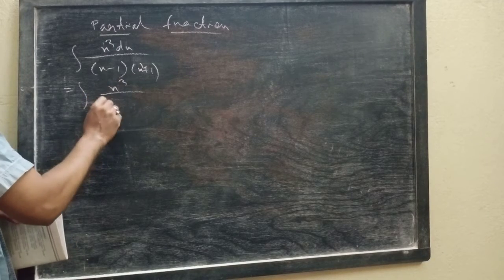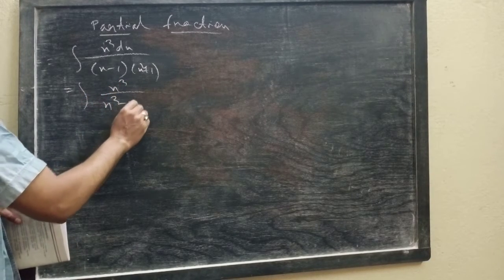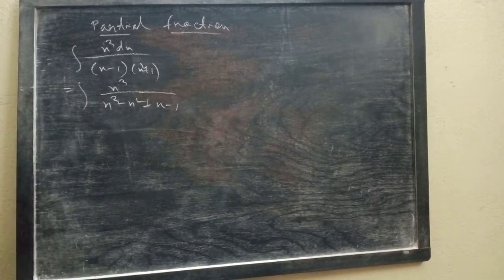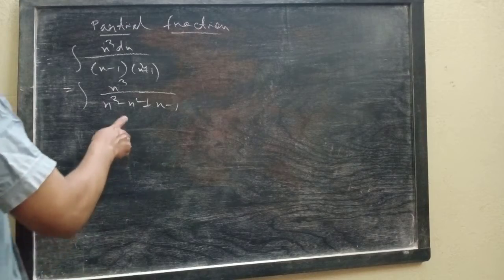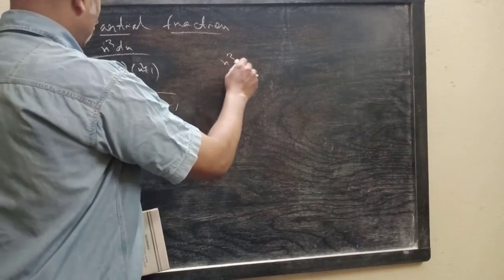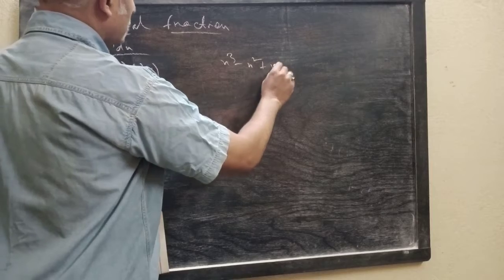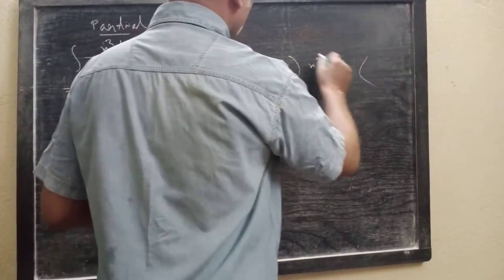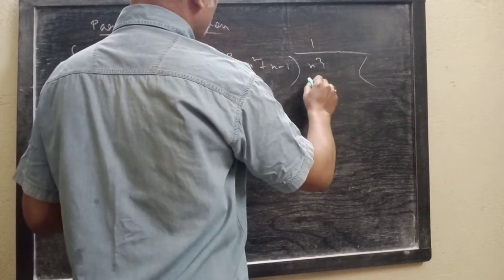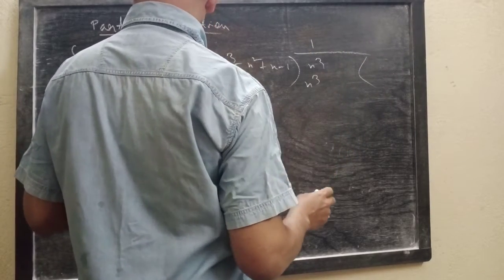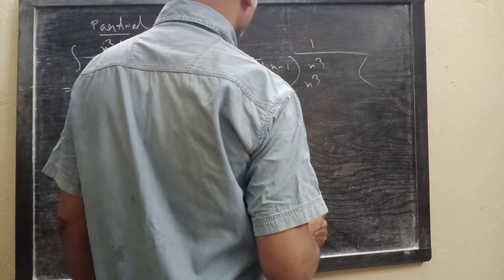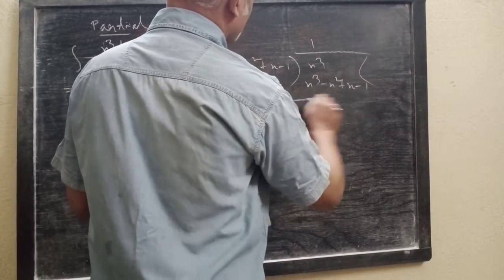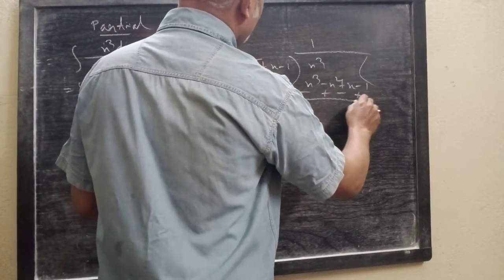Here it is x cube, here it is x cube minus x square plus x minus 1. Now we have to divide x cube by x cube minus x square plus x minus 1. x cube, 1 times, so x cube minus x square plus x minus 1, minus plus minus plus.